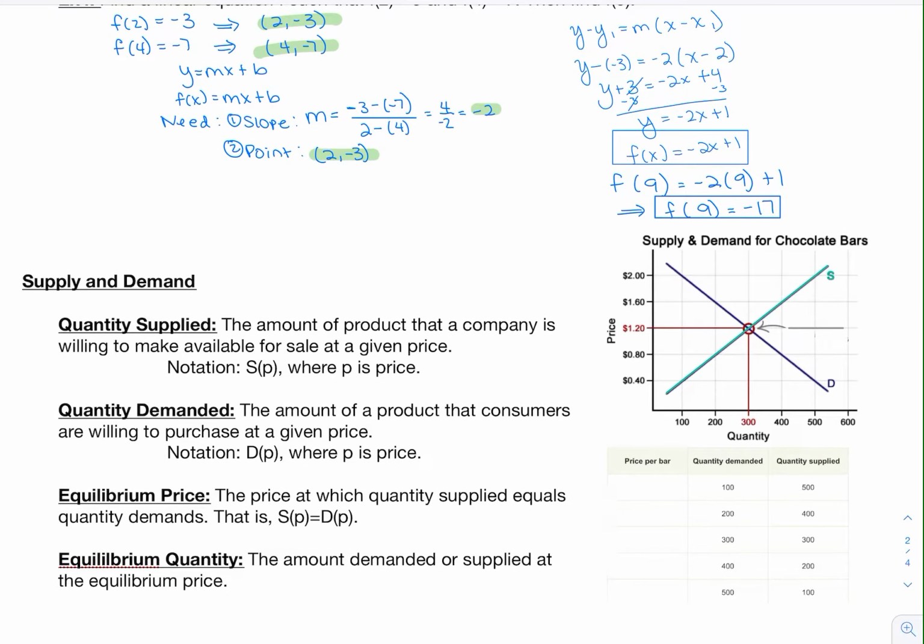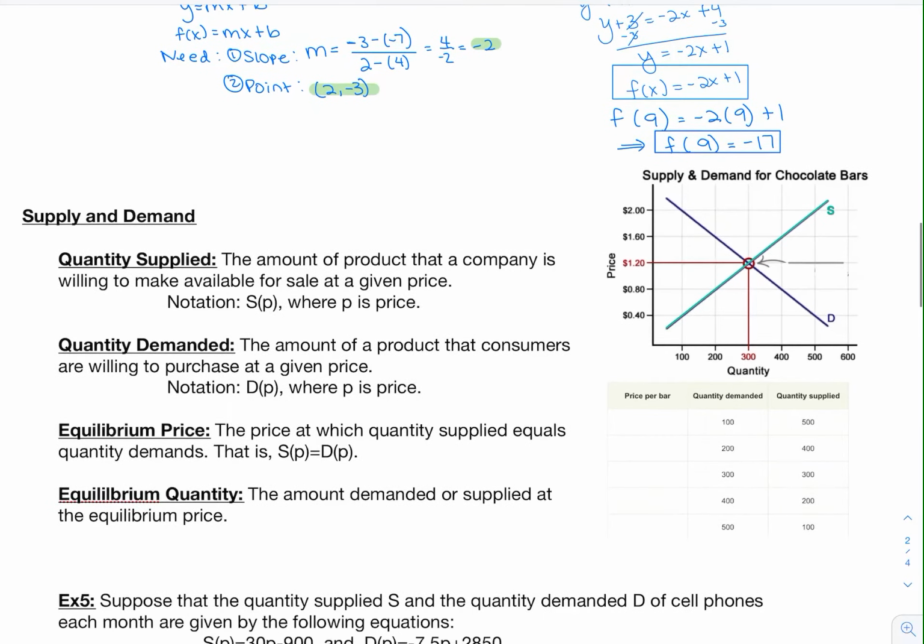Next, let's take a look at supply and demand. This actually comes in handy if you're studying economics, or if you want to be an economist. I'm going to show you how to read this, and I also want you to take some time to learn these definitions, think about what they mean. So we have a supply function and we have a demand function, and they are exactly what they sound like.